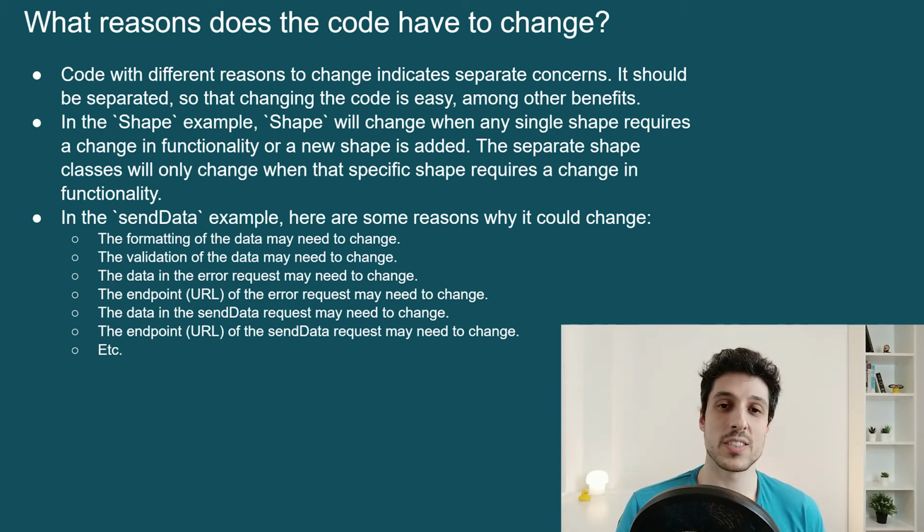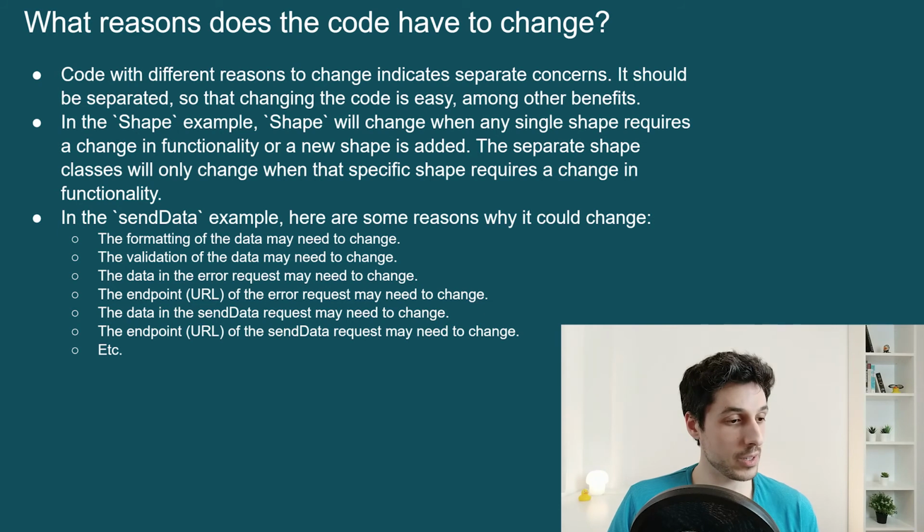And also in the send data example, now that one's more subtle maybe, but here are some of the reasons that send data has to change. The formatting of the data may need to change, the validation of the data may need to change, the data in the error request may need to change, the endpoint, which means the URL of the error request, may need to change, and same thing with a normal valid send data request, and so on.